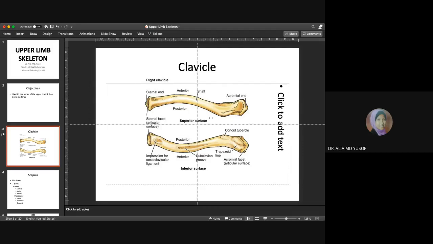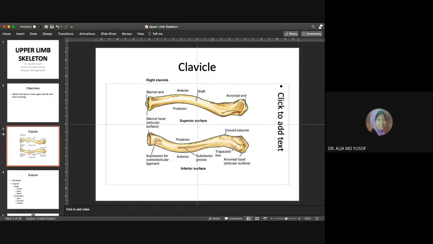Di situlah terletaknya the weakest point of clavicle, whereby with this knowledge you know that the weakest point is the most prominent point, most frequent point of clavicle fracture, be it iatrogenic. Bila saya sebut iatrogenic, perkataan iatrogenic ni bermaksud yang bukan semula jadi.